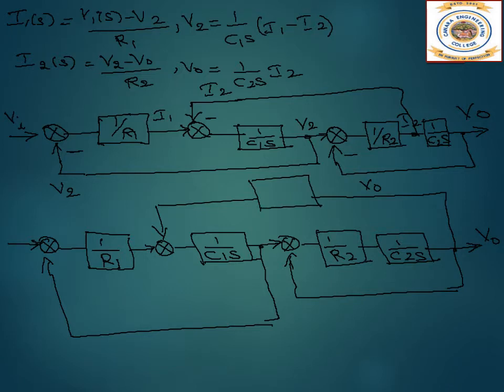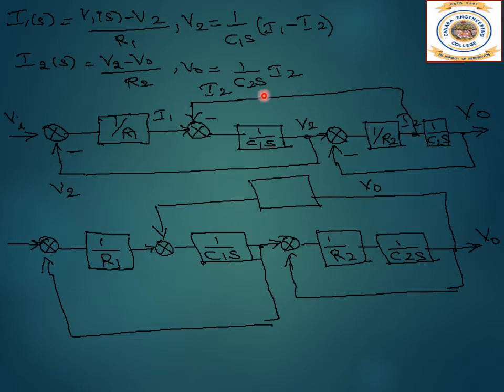Now let us check the previous, its actual block diagram. Let us check and we'll see what is there. See, if I trace the path from the summation point up to the takeoff point, I will come back to the summation point. So we have the 1 by C1s block, then we have the 1 by R2 block, then this takeoff point goes here and comes back to this.